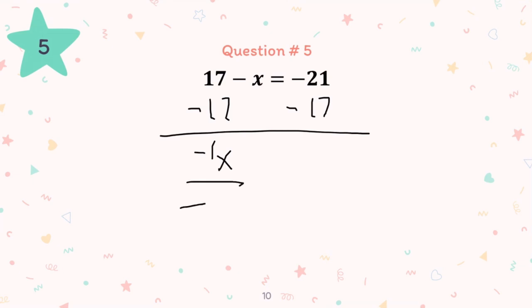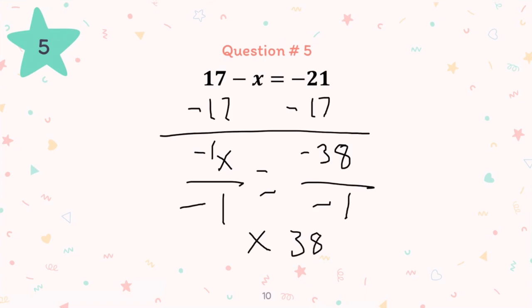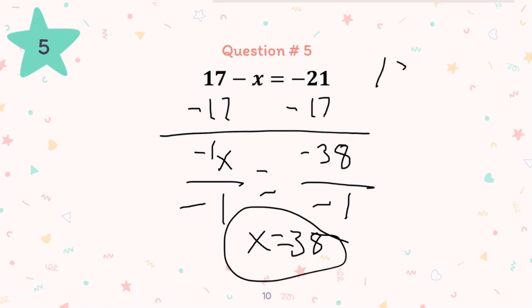And we do negative 1 x, so we divided that by negative 1, and then negative 21 minus 17 equals negative 38, and then we divided that by negative 1 also. And then we got positive 38.